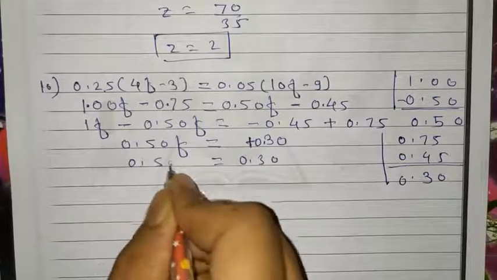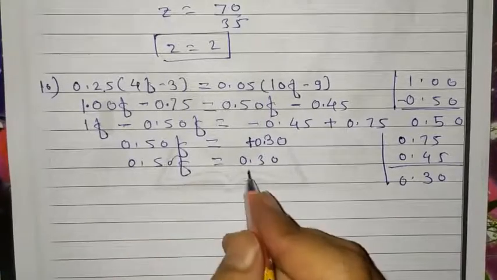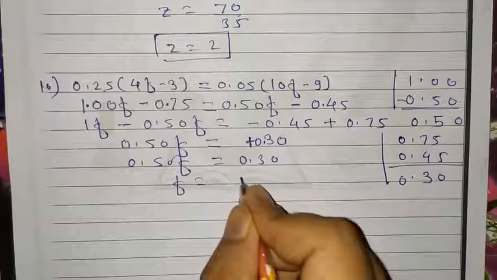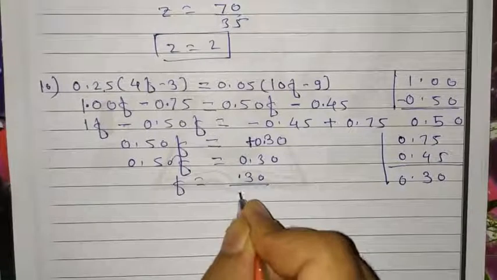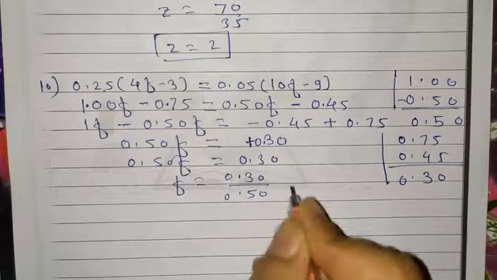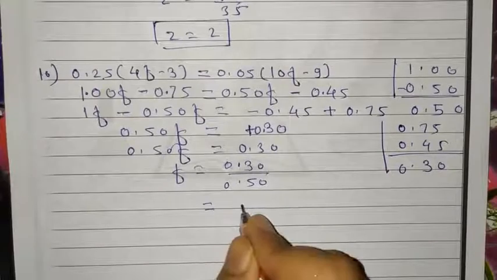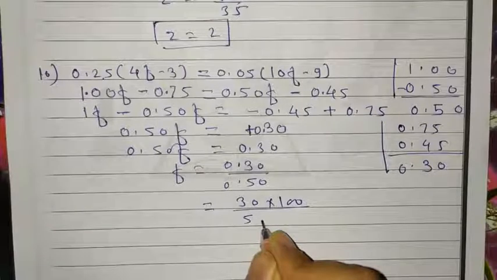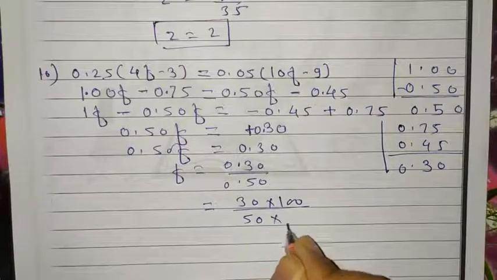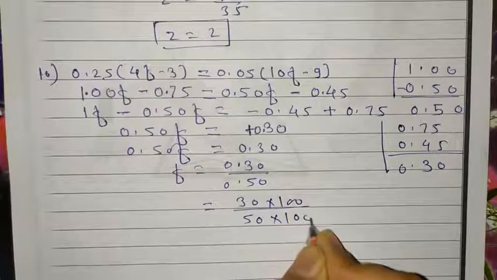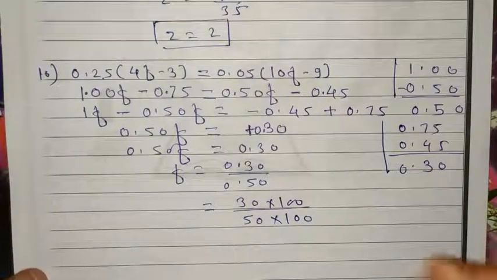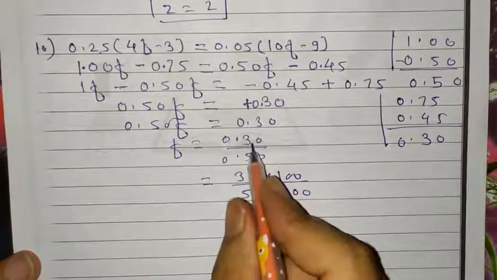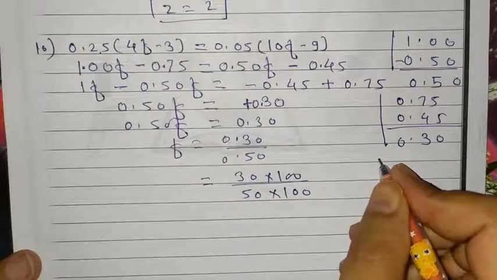So once again I am writing this: 0.50f equals 0.30, so f equals 0.30 upon 0.50. Here it can be written as 30 into 100 upon 50 into 100. Why am I doing that? 0.30 means what, friend?